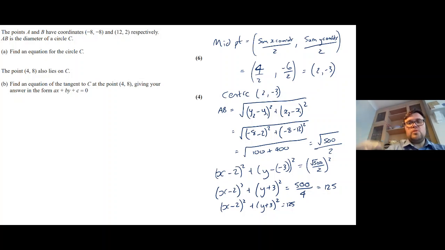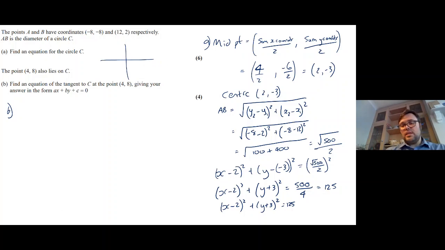And then I'm going to go on to part B, over on this side. Probably should have done it the other way around. Part B: the point 4, 8 also lies on C. So C is the circle. Sometimes it might help if you put a diagram on it to visualize it.